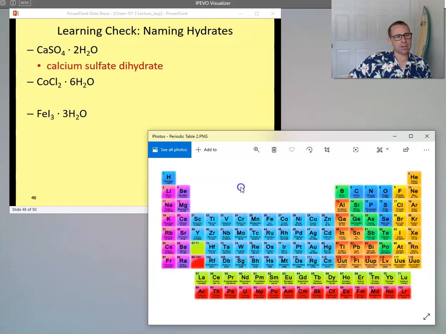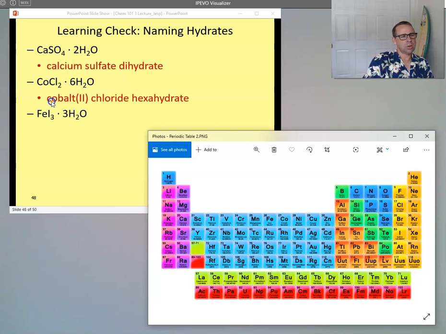Good. Now, how do we name the rest of it? What's the little 6 waters? What's the prefix for 6? Do you remember what you call a 6-sided figure? Hexahydrate. Good. Cobalt 2 chloride hexahydrate. Very good.